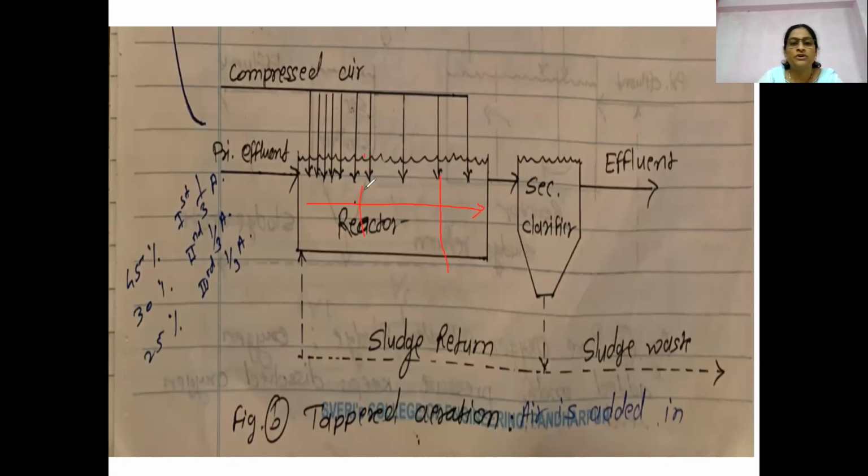So in the first 1/3 portion, we can provide 45% of the oxygen. That's why the supply lines are very close to each other up to here. Then we can reduce, and in the second 1/3 portion we can provide 30% of the oxygen, and the remaining 25% oxygen we can provide in the last compartment of this aerator tank.